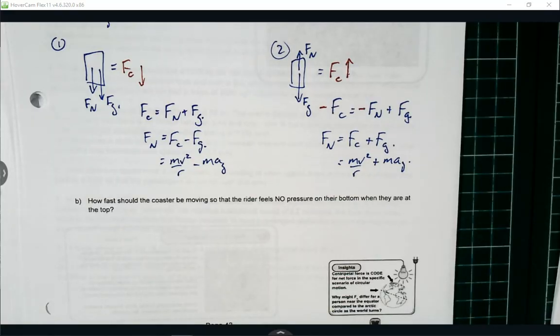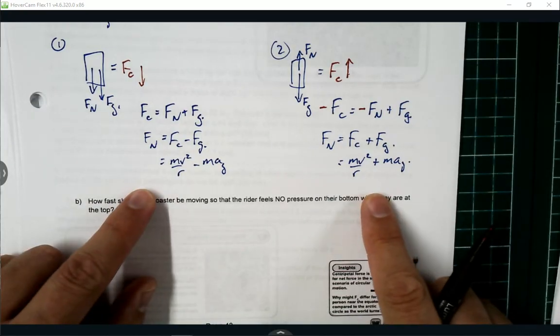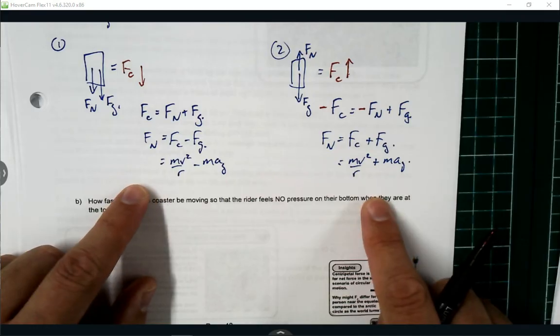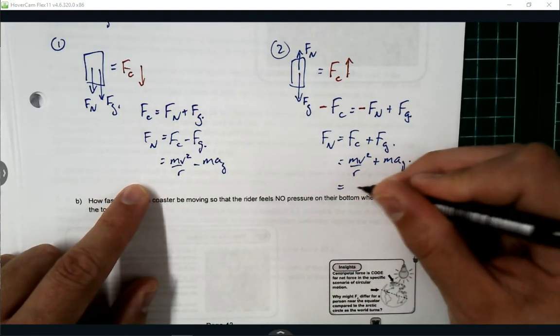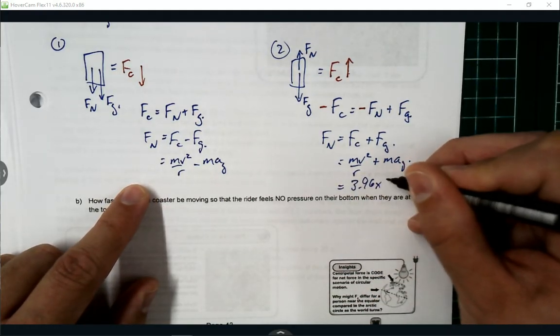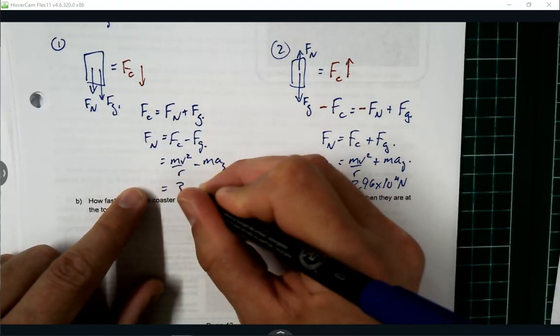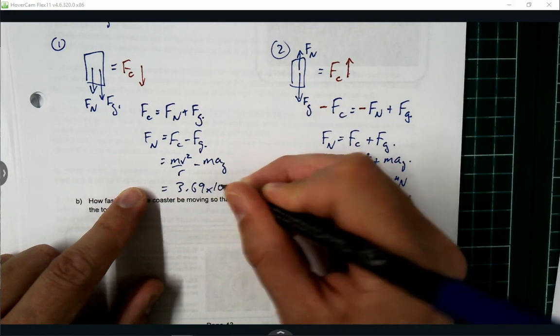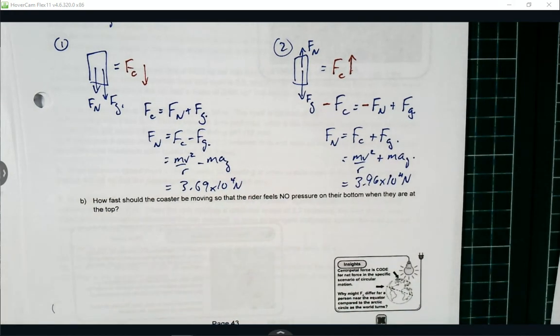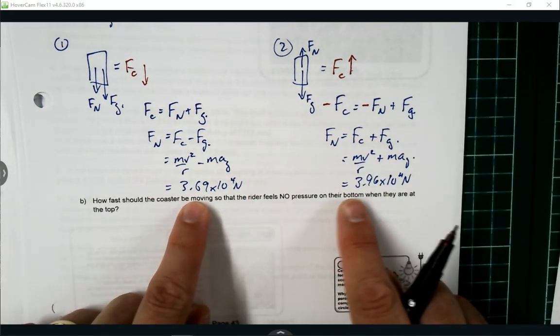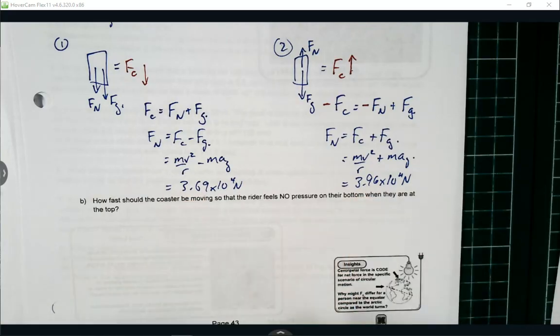Now, in the interest of time, I'm going to let you guys work this out. But I'm going to tell you right now, the answer, you sub it in, check to make sure, 3.96 times 10 to the power of 4 after sig fig rounding, and 3.69 times 10 to the power of 4 newtons after sig fig rounding. I know they look similar, but it's 6.9 and 9.6, okay?